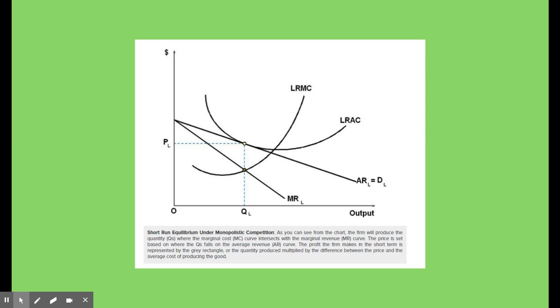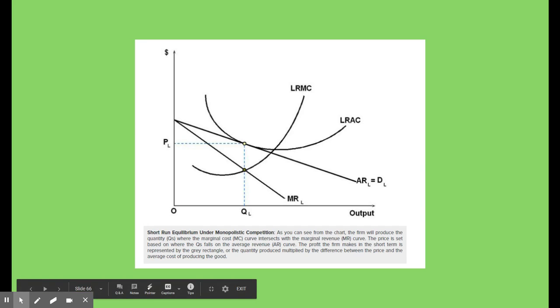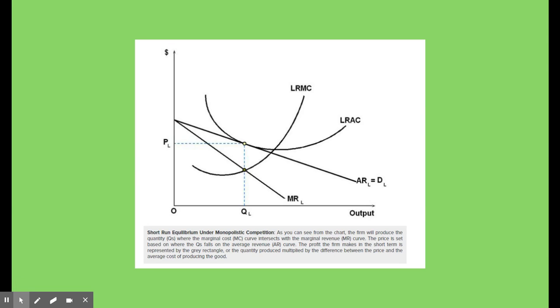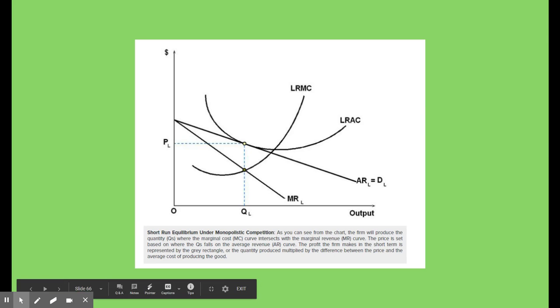And so this is the quantity that's going to be produced. And then we're going to end up where it intersects demand with the price level. The price is set based on where the quantity supplied falls on the average revenue curve, which is also demand. So once again, this is the quantity they're going to pick.